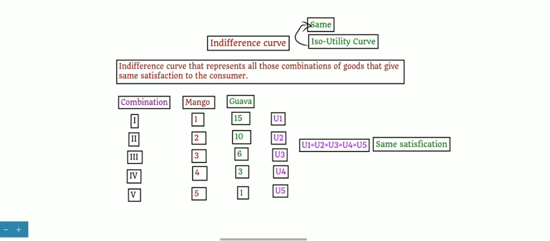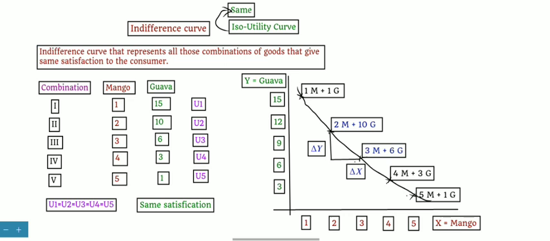Let's see the graph of the indifference curve. The graph is drawn for mango and guava, where mango is taken on the x-axis and guava on the y-axis. So 1 mango and 15 guavas, 2 mango and 10 guavas, 3 mango and 6 guavas, 4 mango and 3 guavas, and 5 mango and 1 guava are plotted in the graph.